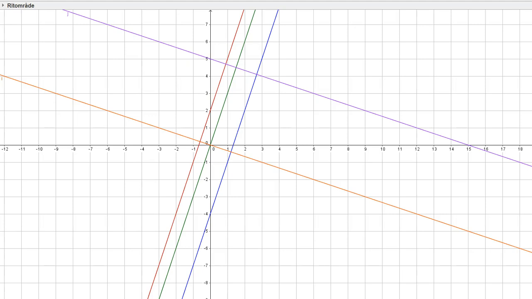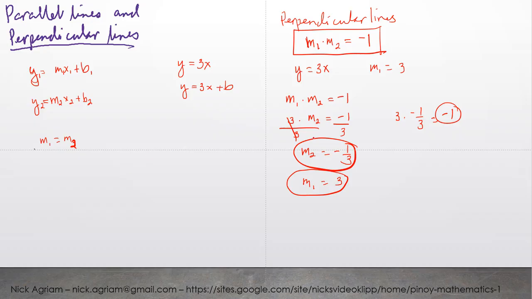So the only thing that you need to remember when you are talking about parallel lines and perpendicular lines is the slopes. So remember that.